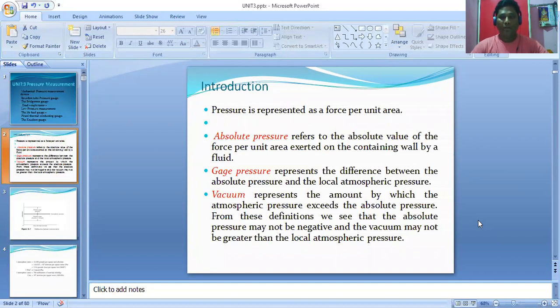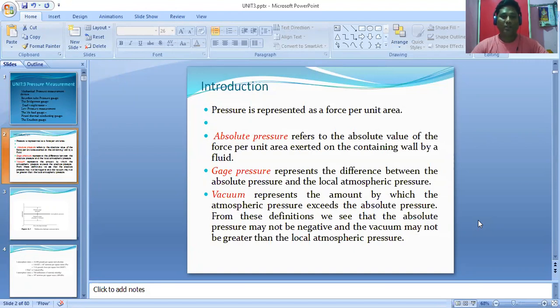In the mechanical part of the process, we have three important terms in pressure. The first one is the absolute pressure, the second one is the gauge pressure, and the third one is the vacuum.